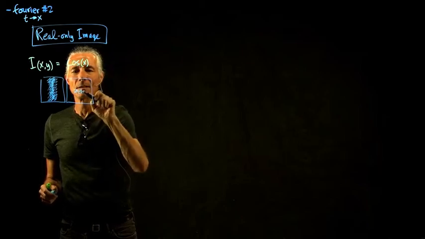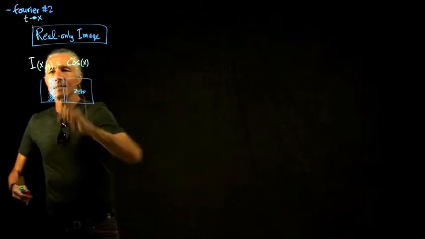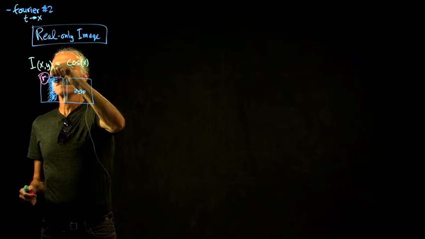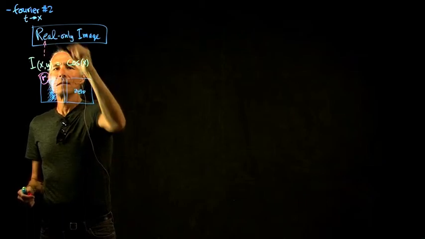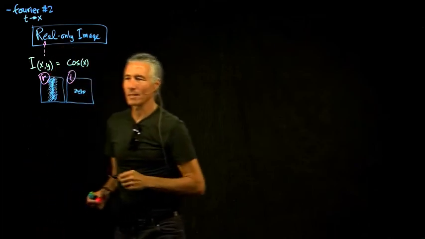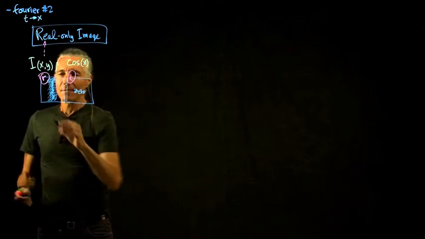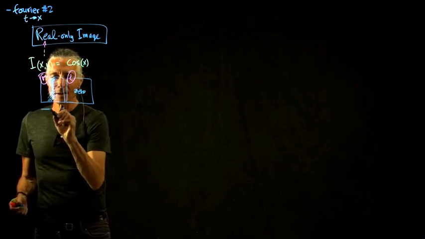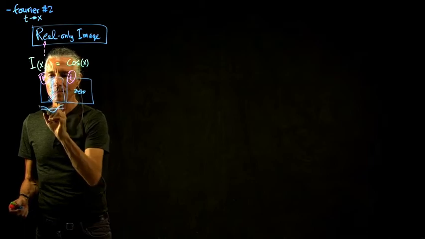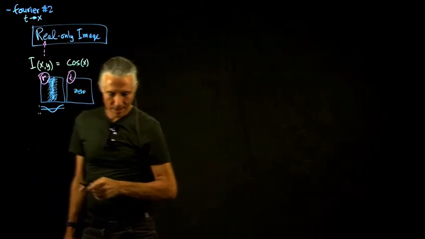So this is the real image, it's real only, and this is the imaginary image, and there's no imaginary, and it's just a cosine. If I plot it out underneath it right here, it's just a cosine like this. So that's 1 and minus 1, and this guy is just 0.